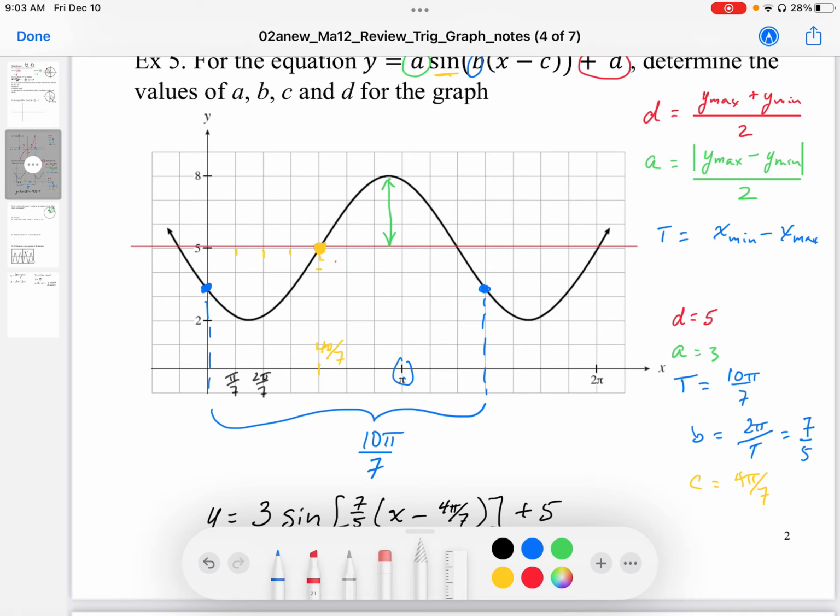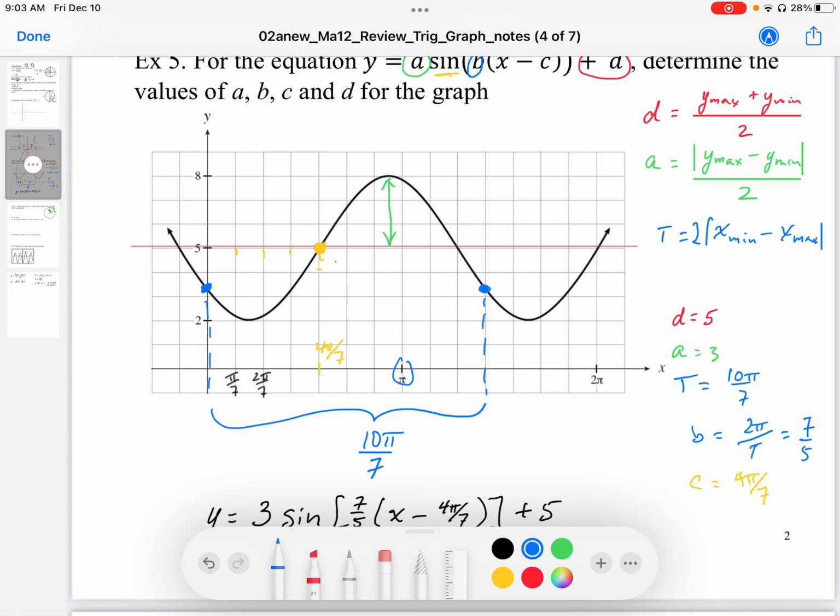If I find the difference between this point here and this point up here, the distance between the vertices, that's going to give me half the period. I'm going to do absolute values because I want distance. If I subtract those x positions, I get half the distance, and to get the whole period, I just multiply it by 2.